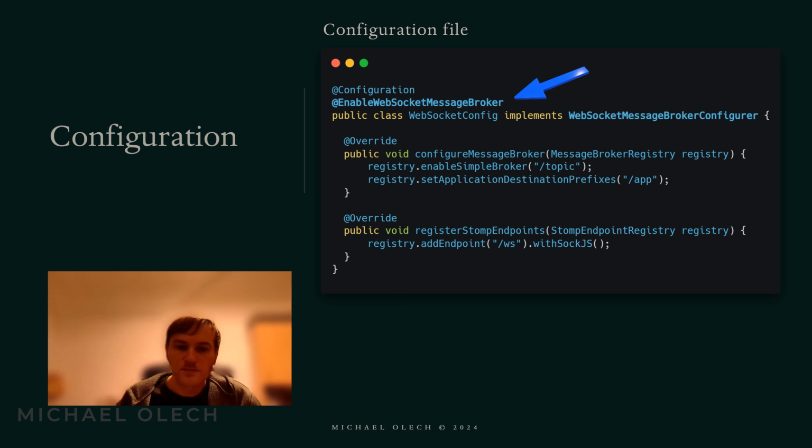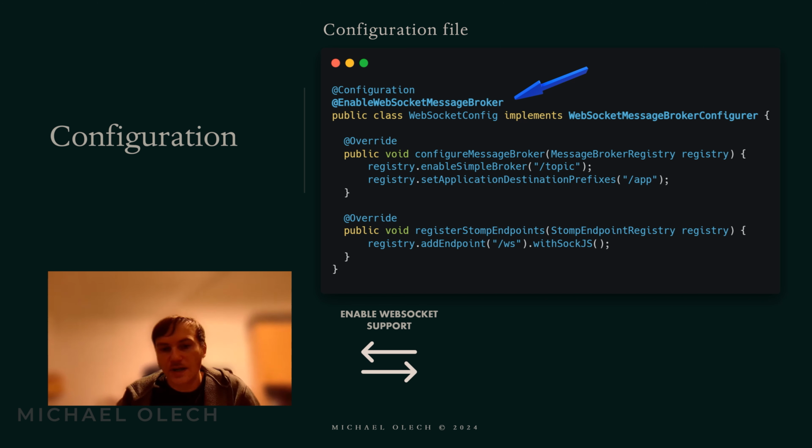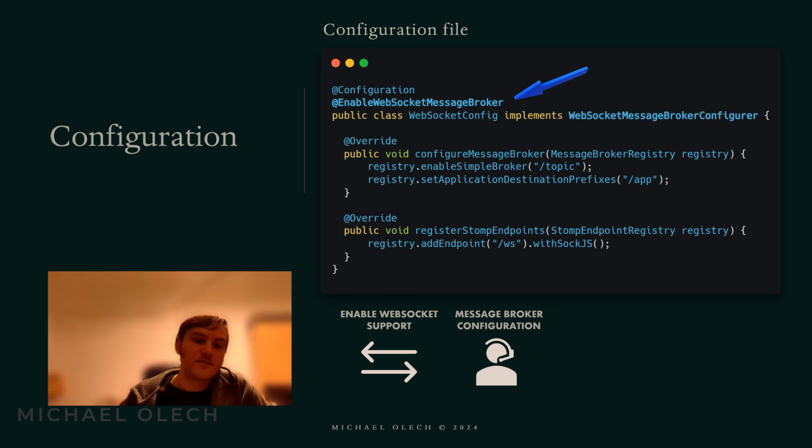The @EnableWebSocketMessageBroker annotation is a part of the Spring framework, and it's used to enable WebSocket message handling backed by a message broker. It enables the use of WebSocket to facilitate real-time full duplex communication between the client and server. It provides configuration options to set up a message broker for processing messages sent by clients.